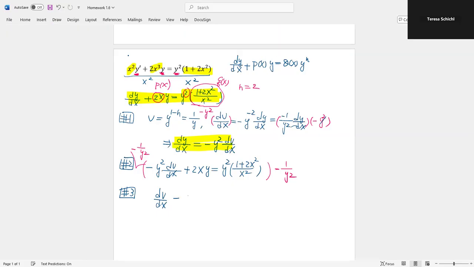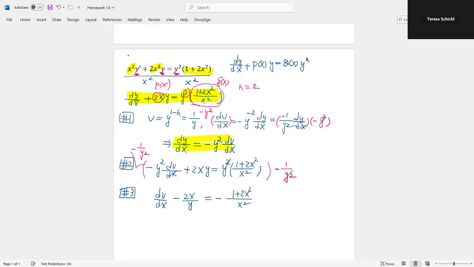So this is negative 2xy, and the y squared cancels, so it will be negative 1 plus 2x squared.